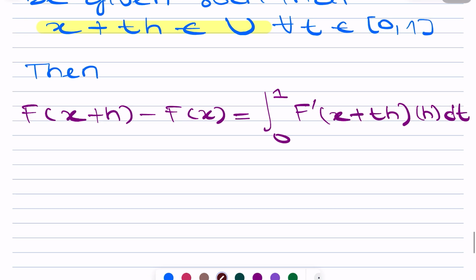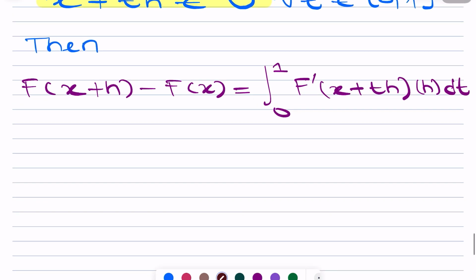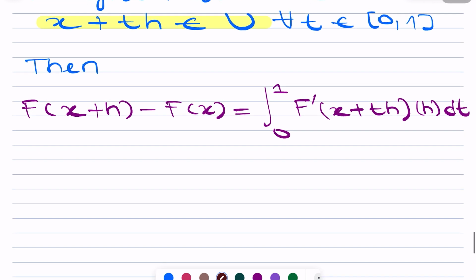Nothing new. It looks similar to the mean value theorem that you know.